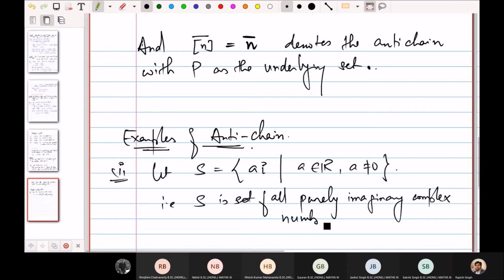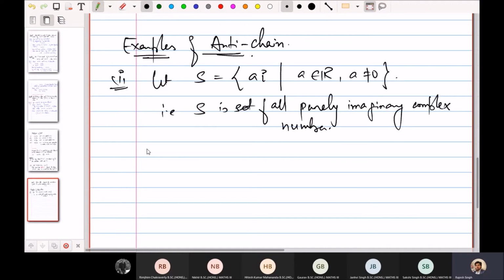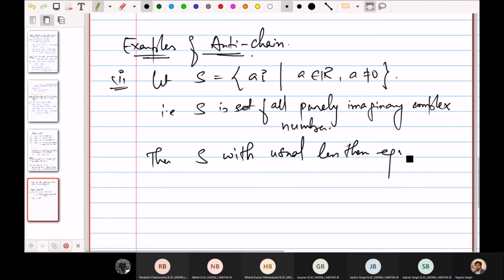Then S with the usual less than or equal to is an anti-chain.